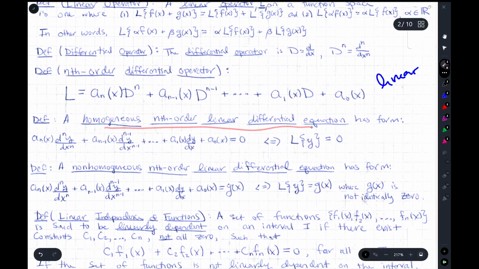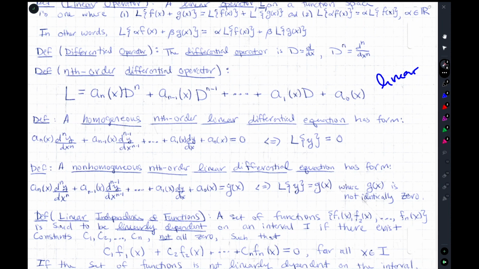A homogeneous nth order linear differential equation has the form that you see here, where the operator acts on y. So this should be a y there, and you have y's everywhere in these derivatives. This is just the extra thing that should have been there.